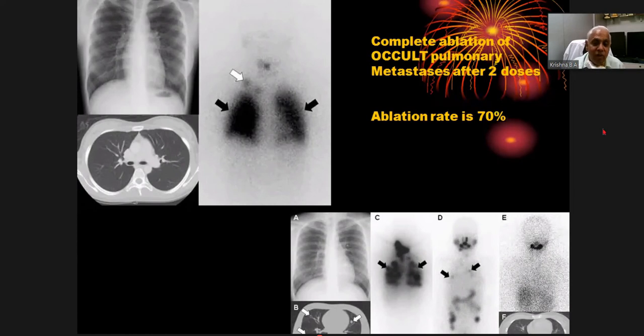So you have a 40% jump in the ablation rate by picking up the occult disease in a thyroid cancer.